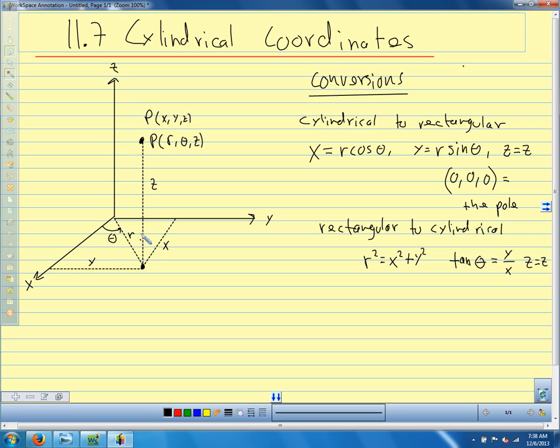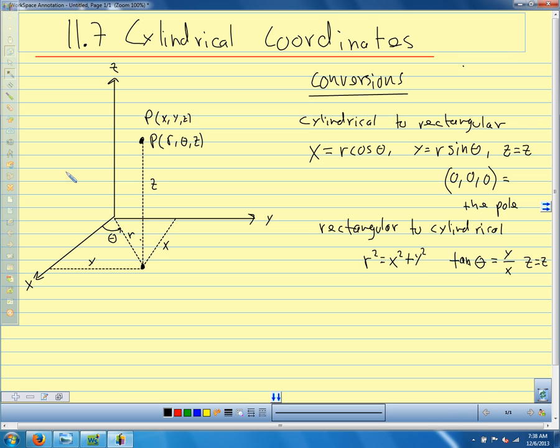For example, if we have a paraboloid and its axis is the z-axis, it can be very nice to represent that paraboloid in cylindrical coordinates rather than in rectangular coordinates. It simplifies the expression of that paraboloid, and we'll look at a few of those today.